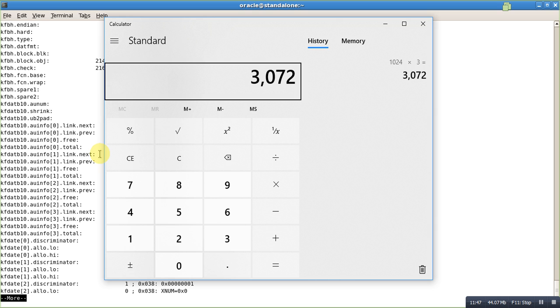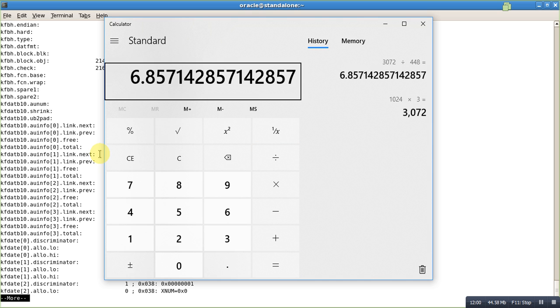In one allocation table block, we can have 448 entries, right? So 3072 divided by 448 gives a value showing that all the allocation units in this disk were accommodated only in the first 6 blocks of the allocation table.